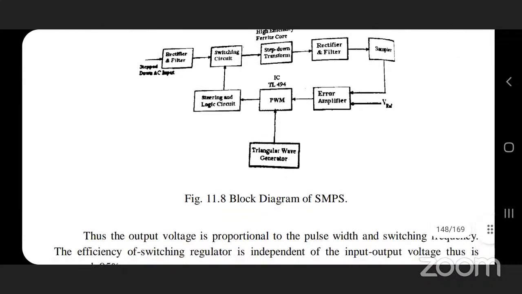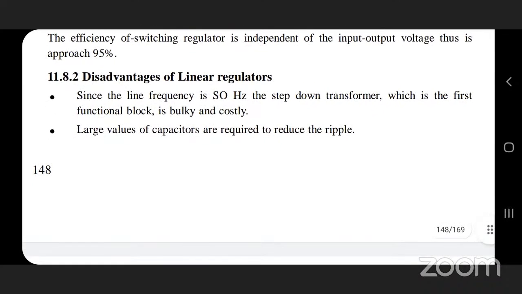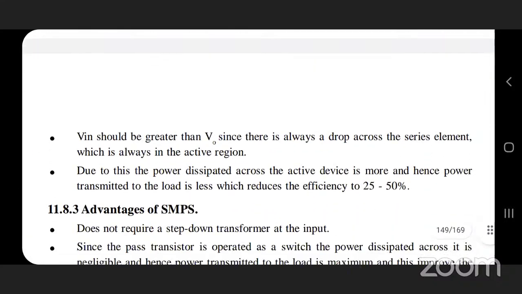You have to practice. What are the disadvantages of linear regulators? Here, the frequency is 50 Hz. The step down transformer, which is the first functional block, is bulky and costly, and a large value of capacitors is required to reduce the ripples.